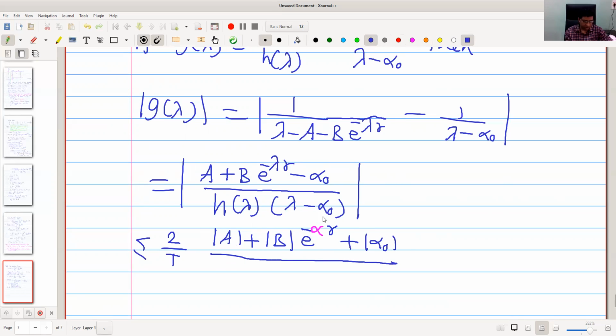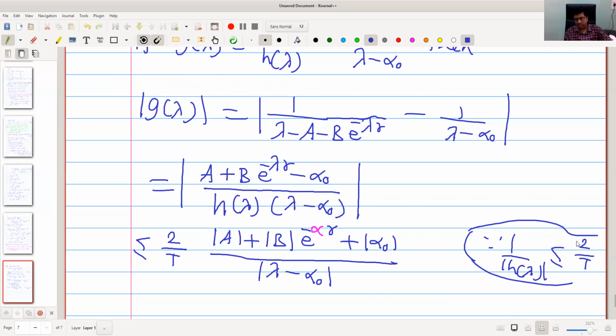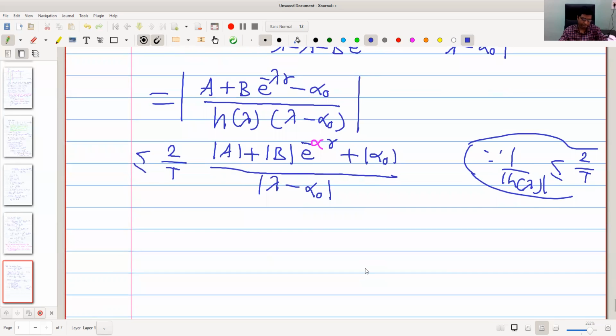This is the only term remaining, mod of lambda minus alpha 0. I should write the reason here: 1 upon mod of h of lambda is less than or equal to 2 by t. This we proved in the previous result. We call this 1.